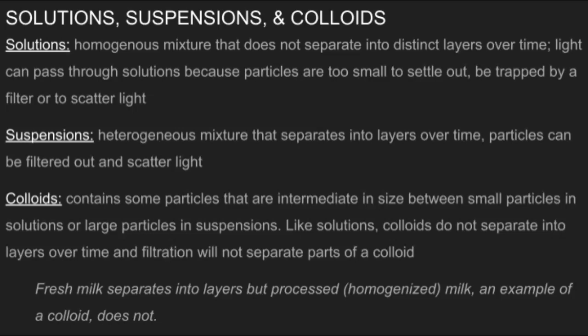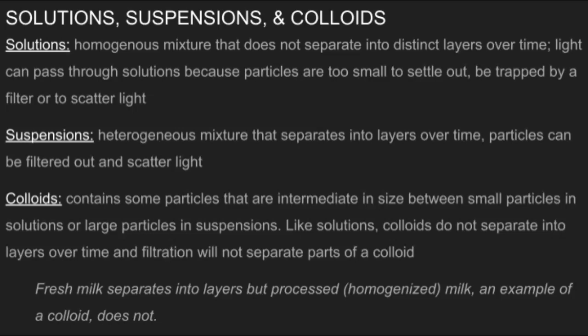Next, you have colloids. Milk is a mixture of substances that includes water, sugar, protein, and fat. When you take fresh cow's milk on the farm and put it in a container and allow it to stand, the cream will actually rise to the top, and a big portion of that cream would be fat. Milk that you purchase from the store has gone through a process.